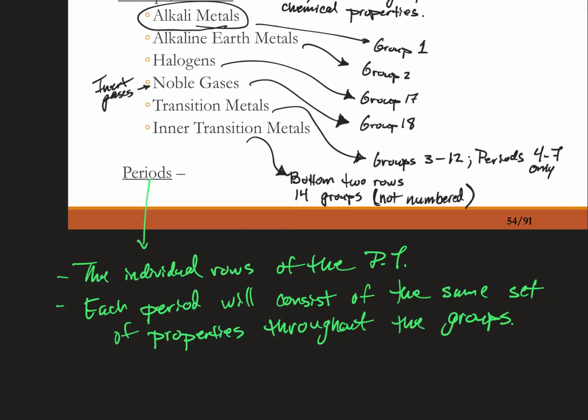So Dimitri Mendeleev is the person who is credited as having created the periodic table in 1869. He recognized that certain elements would have the same properties as discussed earlier. So like fluorine, chlorine, and bromine, he noticed, had similar properties in their masses.